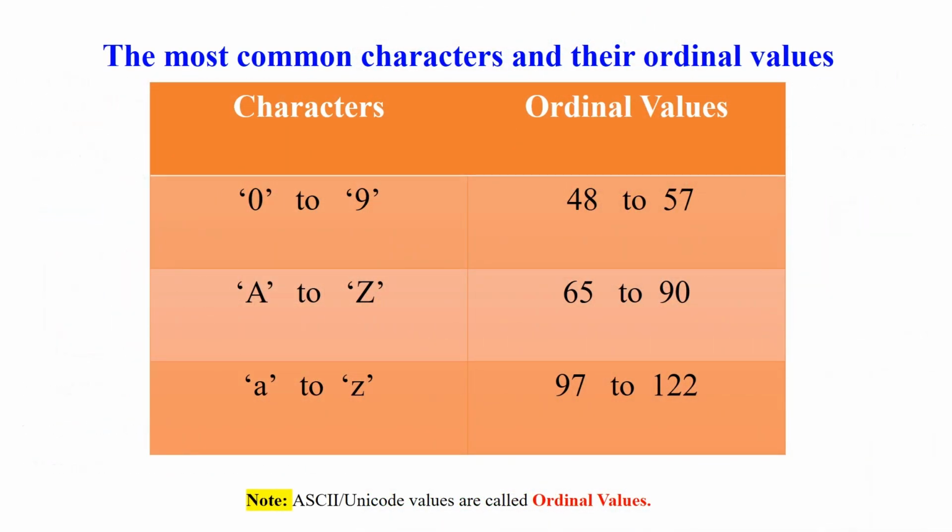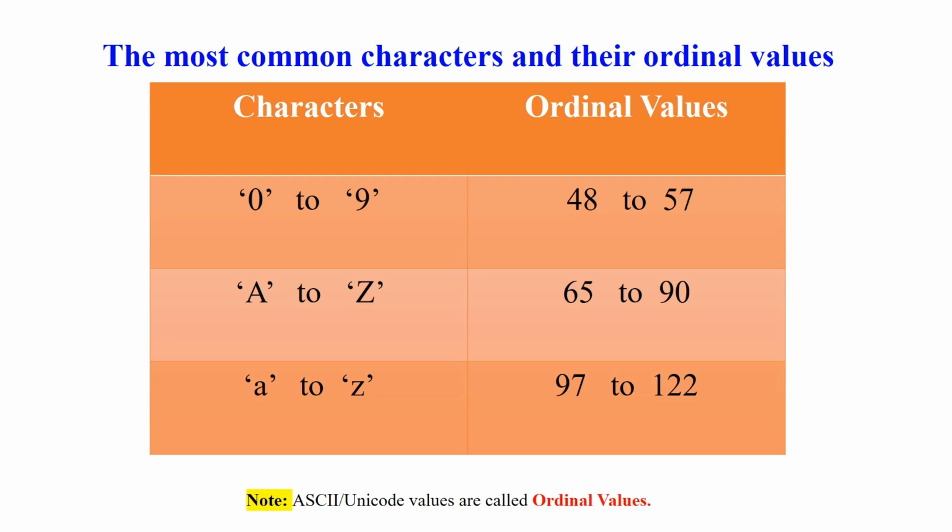In these Python examples, Python compares using values called ordinal values. The most common characters and their ordinal values are given in this tabular column. Now, look at the tabular column. Character 0 has the ordinal value 48, character 1 has the ordinal value 49, up to character 9 has the ordinal value 57.